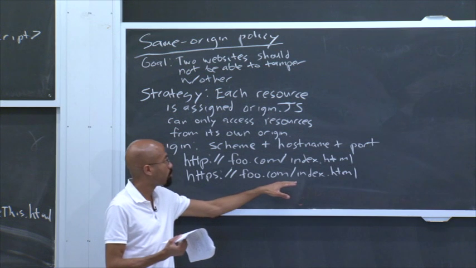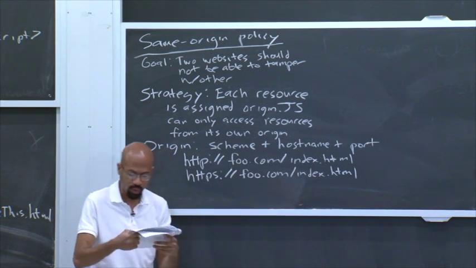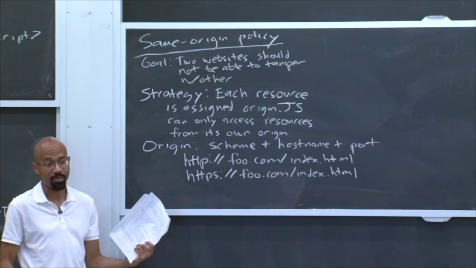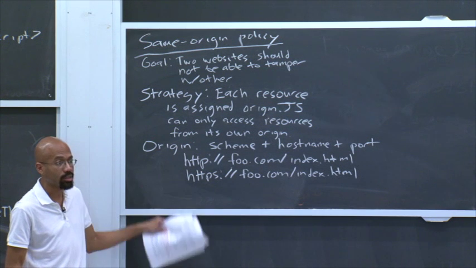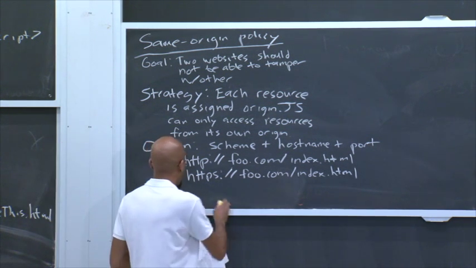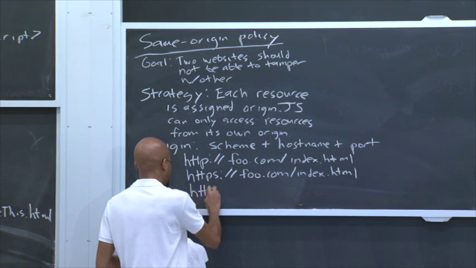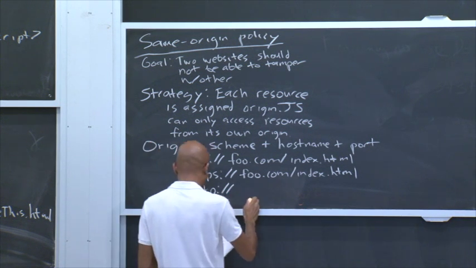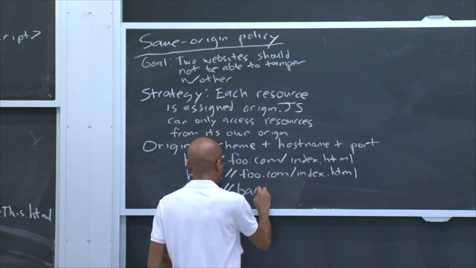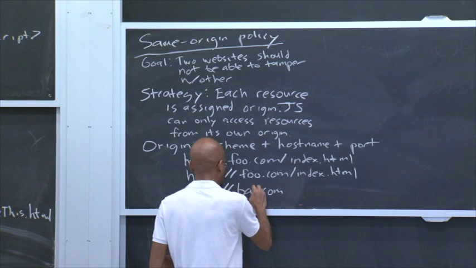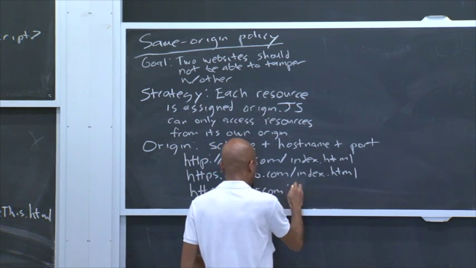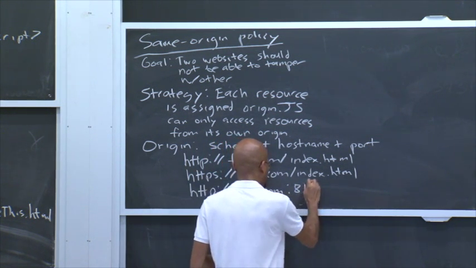And also here, the port is implicitly 443, right? That's the default HTTPS port. So these two URLs have different origins. And then as a final example, if you had a site like http bar.com, then you can use this colon notation here, 8181.